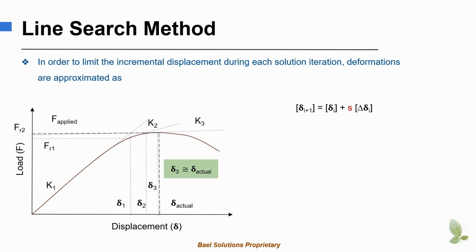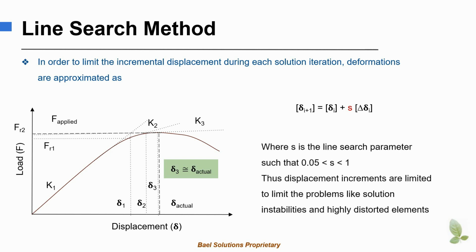This line search parameter S can take values from 0.05 to 1. Thus, even if the incremental deformations are large, a small line search parameter prevents excessive deformations in the structure.